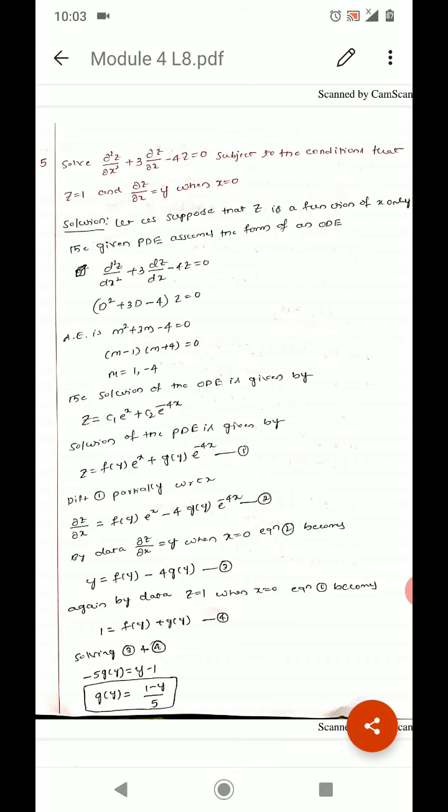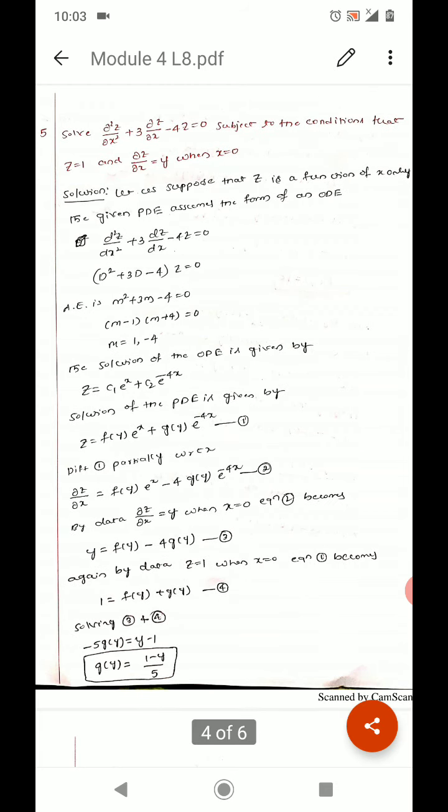So we get del z by del x is equal to f of y into differentiation of e power x, which is e power x, plus g of y into differentiation of e power minus 4x, which is minus 4 into e power minus 4x. Therefore we get del z by del x is equal to f of y into e power x minus 4 into g of y into e power minus 4x. So that is equation 2.